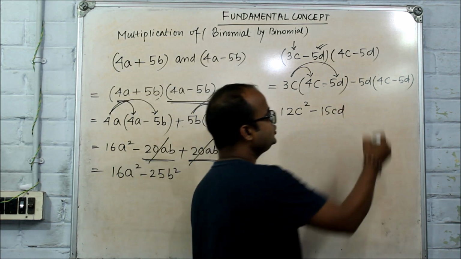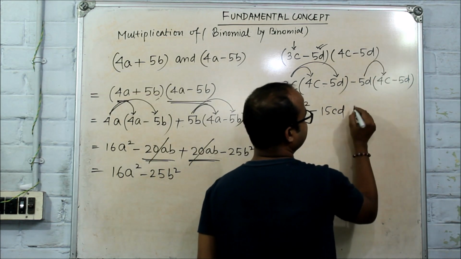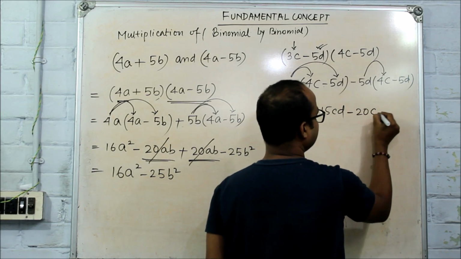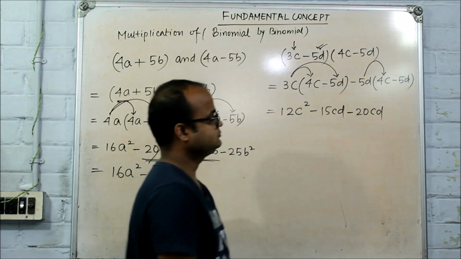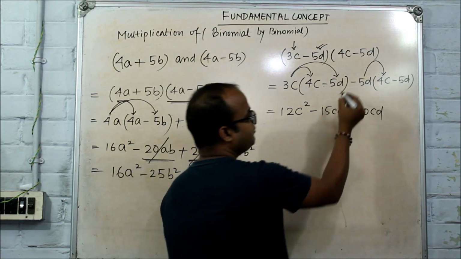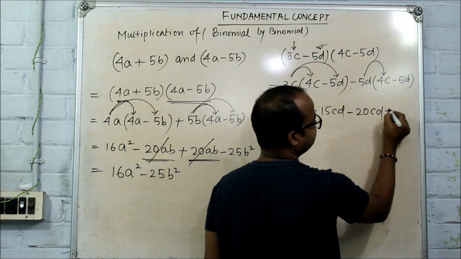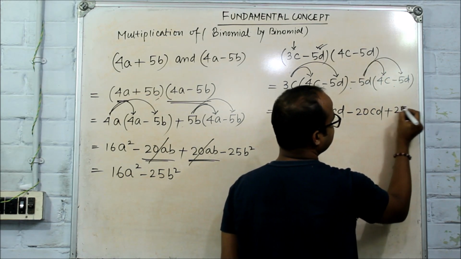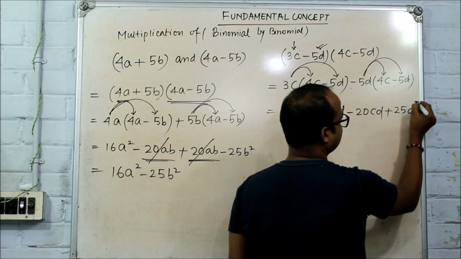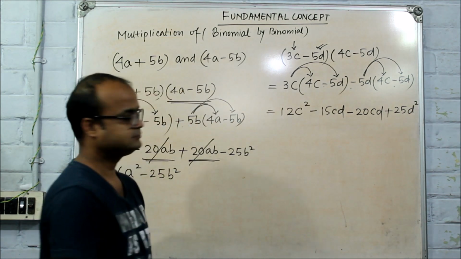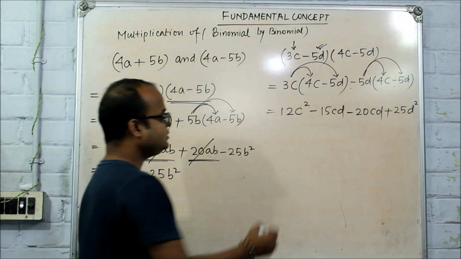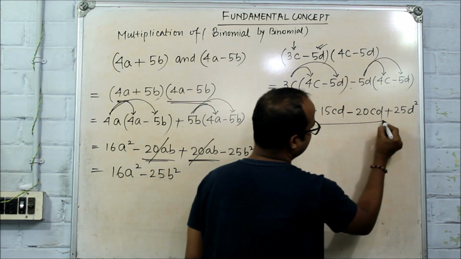Now multiply these two, 5d into 4c, that is minus, 5 4s are 20 dc or cd, minus into minus is plus, 5 5s are 25, d into d, d square. Now we simplify the terms. Now see, these two are like terms.